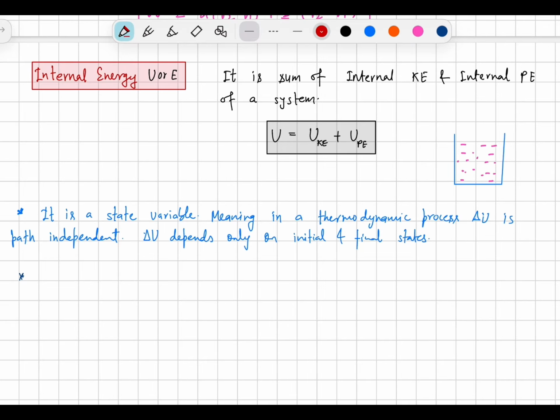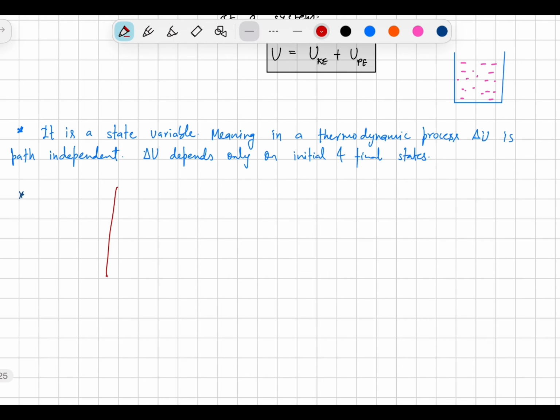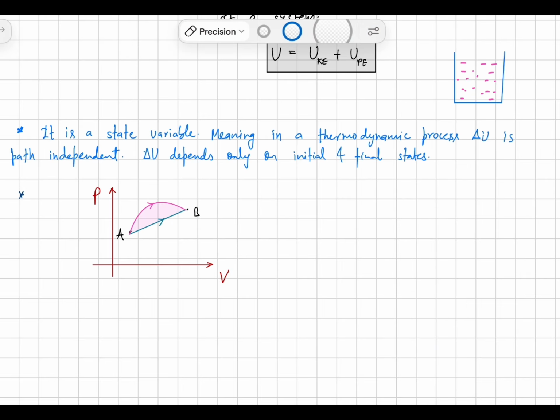Fine. And of course, what does it mean? If I show you by an indicator diagram, a PV diagram, I start from state A and reach state B. I use three different paths. Path 1, then a second path, path 2, and then a third path like this.